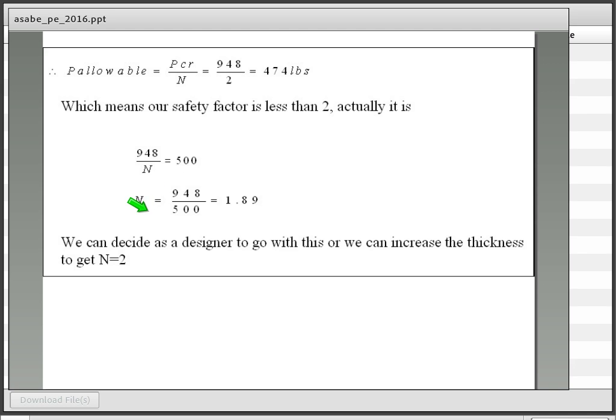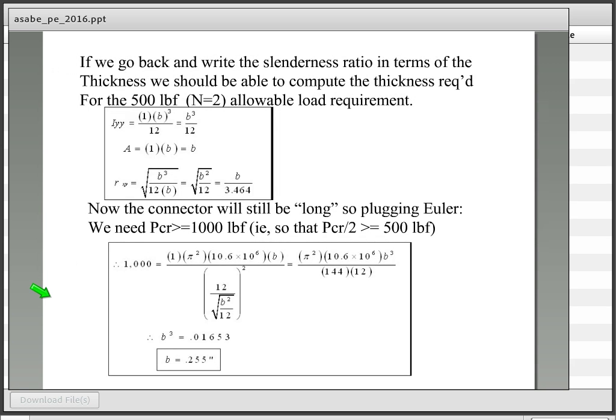And so in our actual case, our actual safety factor would turn out to be 948 over 500, which would be 1.8, and if we allowed 500, we've sacrificed a little bit of our safety factor there. We're not quite at 2, but that's a designer decision based on economics and a number of other factors.